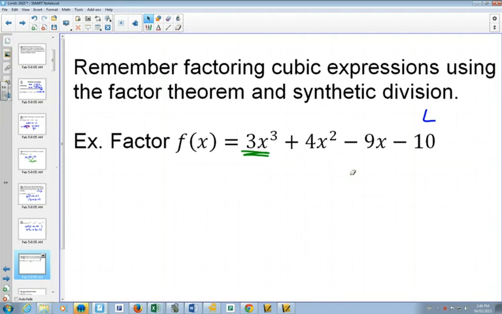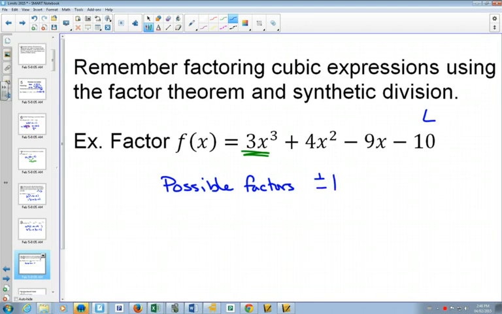The only possible factors that we're going to look at are ones that multiply to 10. So we're going to look at possible factors. We're going to ignore the 3. It does affect it, but we're going to look at possible factors of plus or minus 1, plus or minus 2, and plus or minus 5.